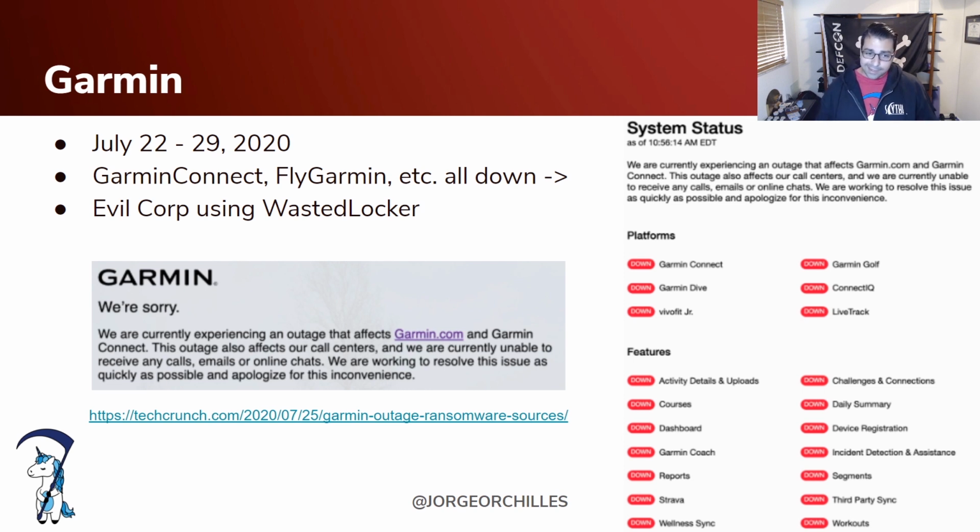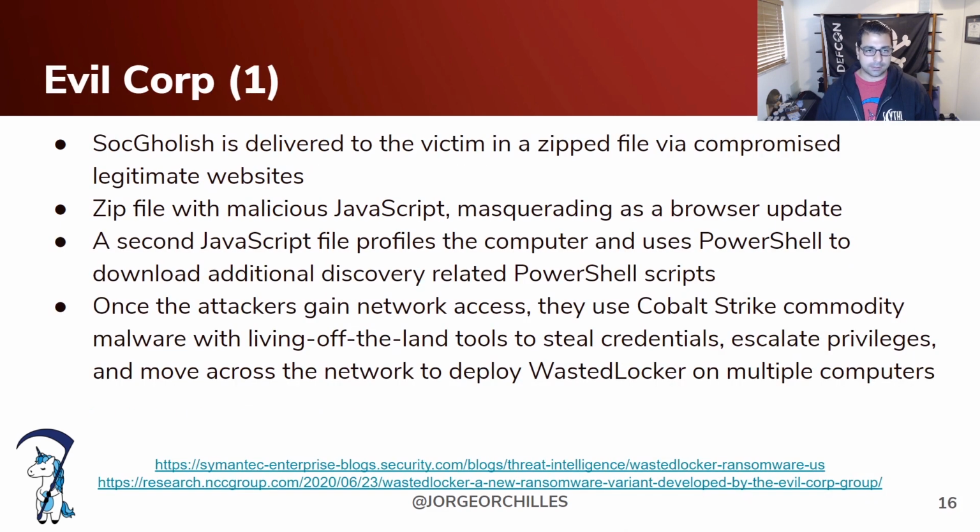So given the timeliness of this, this is the malicious threat, the organization that we are going to learn from. We have learned now that the malicious actor is in a threat group called Evil Corp. And in this particular case, they used a ransomware malware known as WastedLocker. So let's learn a little bit about this.